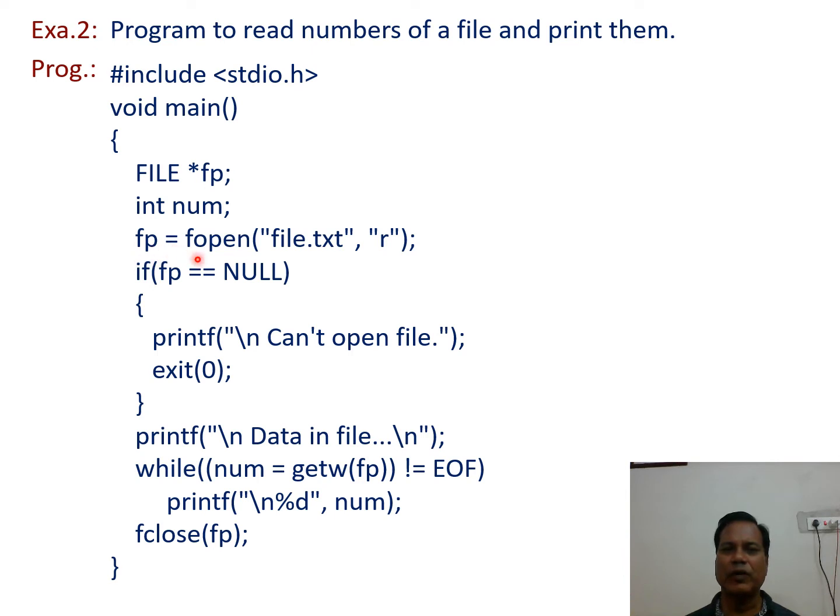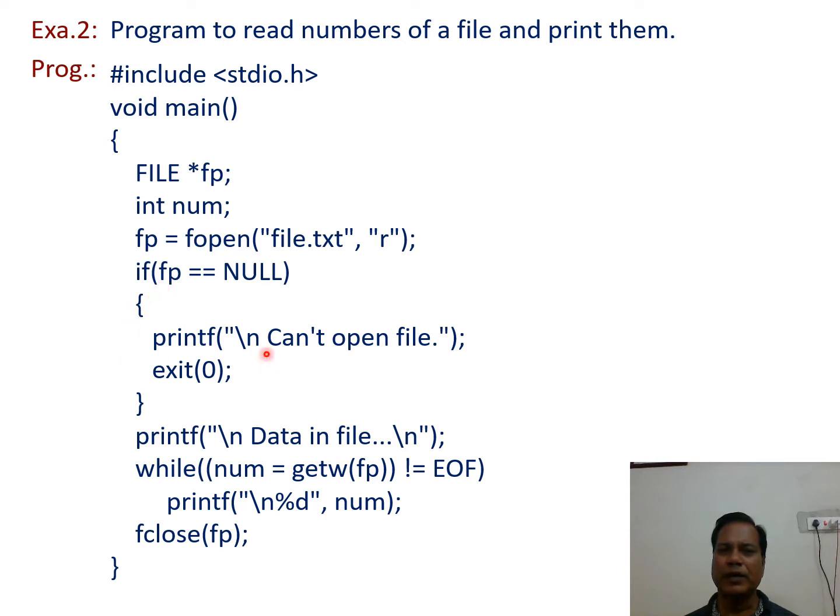Then fp = fopen("file.txt", "r"); The file is opened in the read mode, and information about this file is assigned to the file pointer fp. Now the next statement, if (fp == NULL), that is if the file is not opened, then NULL is assigned to the file pointer.